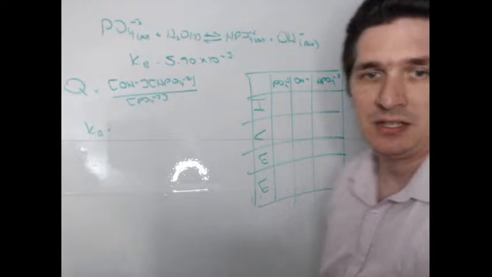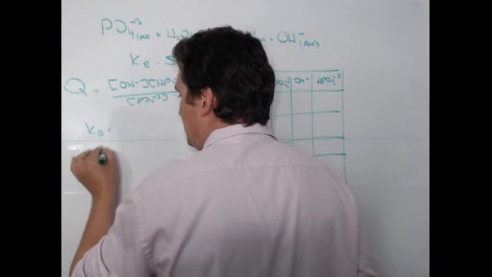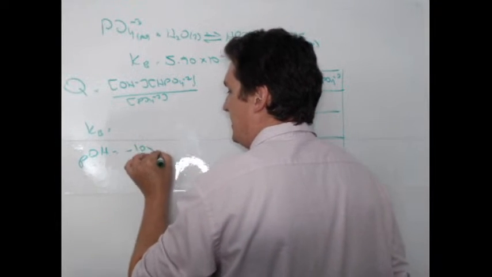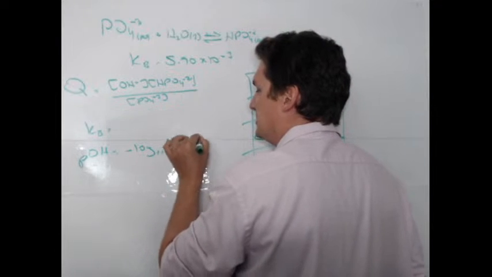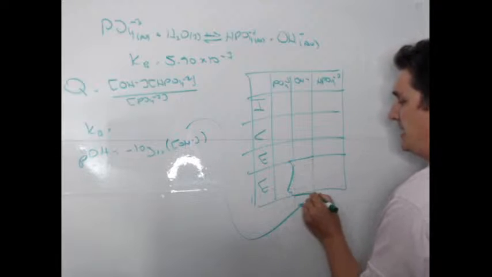Now what we're being asked to solve here is POH, and P here is a mathematical operation. So P is the negative base 10 log of the concentration of OH minus. So what we need to find the POH is the concentration of the OH minus at equilibrium.